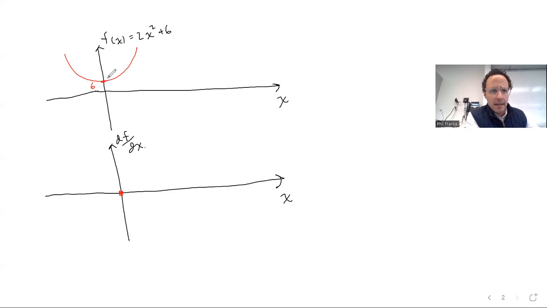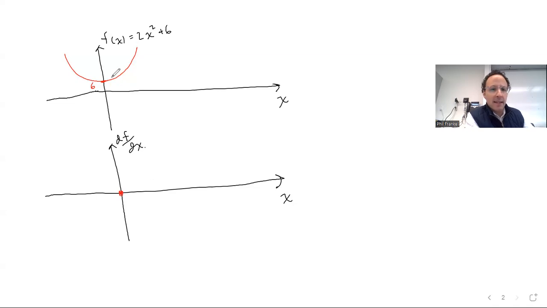And the slope to the right of x equals 0 gets bigger, steeper, bigger, steeper. So the rate at which f of x changes itself increases as x gets larger, because the slope of the original function, as I go this way, gets larger and larger.